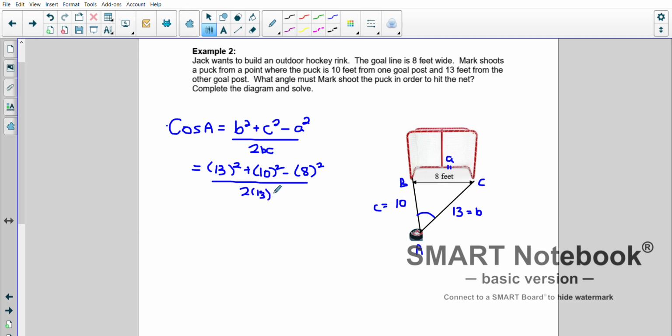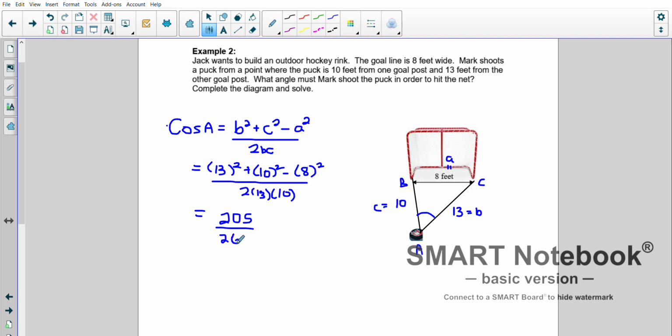So I'm going to calculate the top separately from the bottom. So 2BC. I'm going to put in the numerator: 13 squared plus 10 squared minus 8 squared, you get 205. And you divide that by 2 times 13 times 10, and you get 260.